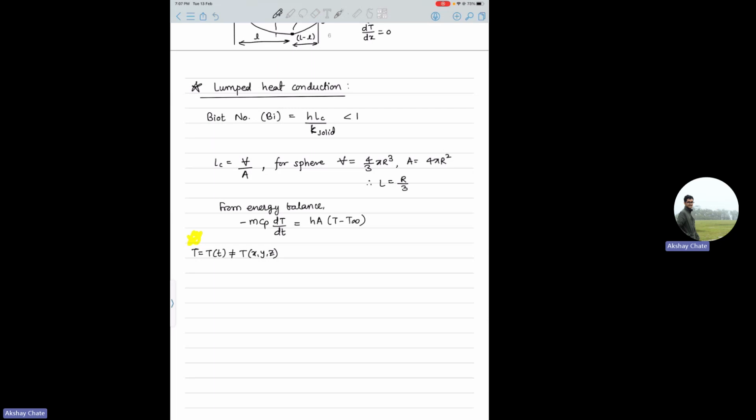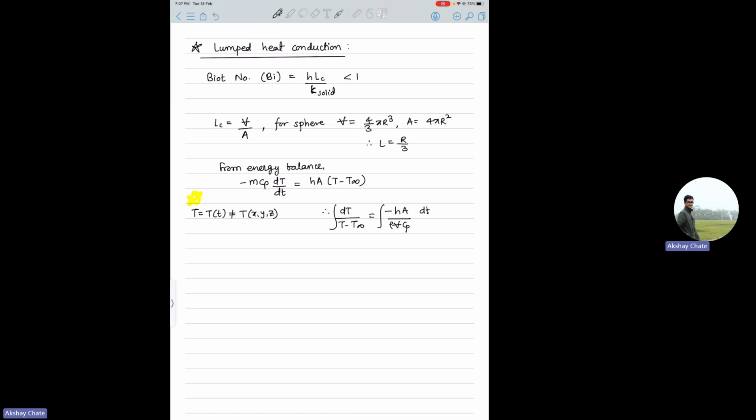Then you write m as rho V, and you get dT by (T minus T infinity) as minus hA dt by rho V cp. Then you integrate, you end up with a logarithmic expression, and finally you get (T minus T infinity) by (T0 minus T infinity), where T0 is the initial temperature of the body and T infinity is the bulk temperature, as an exponential function of this sort: exponential of minus hA by rho V cp, into t.